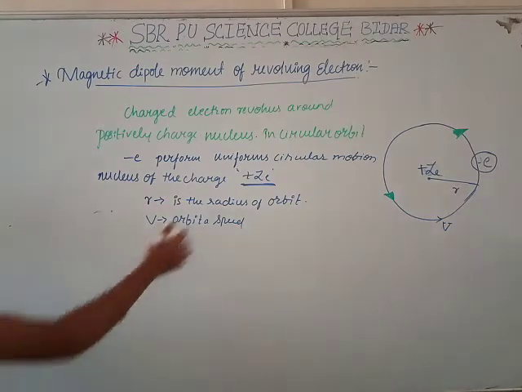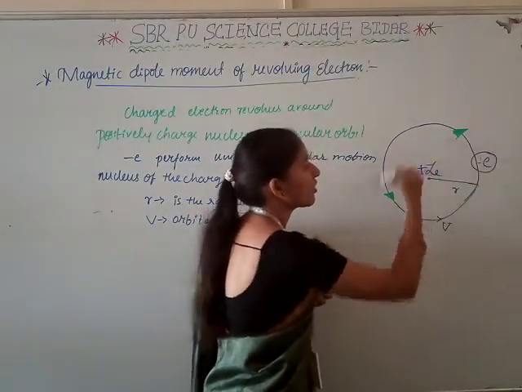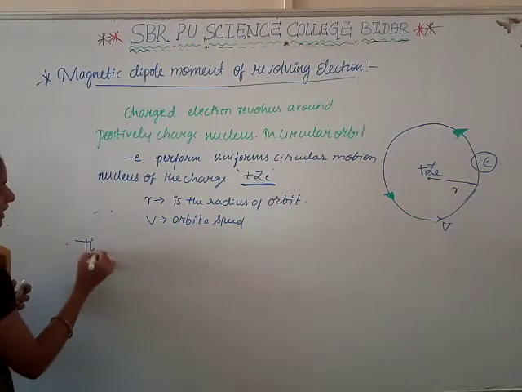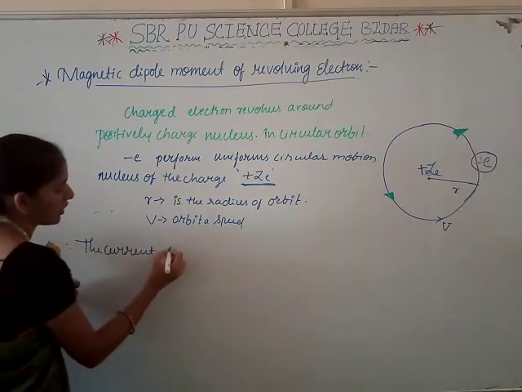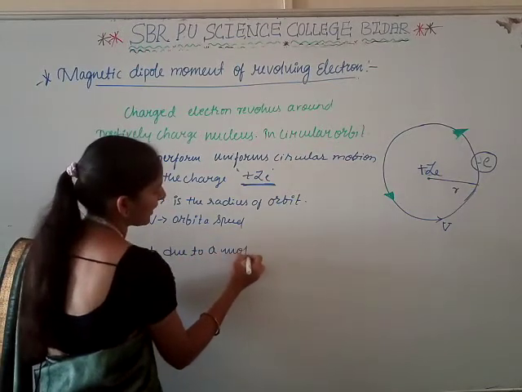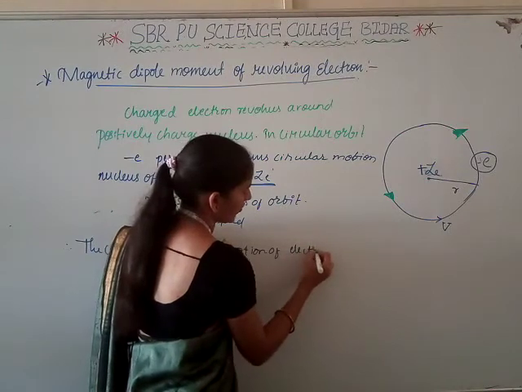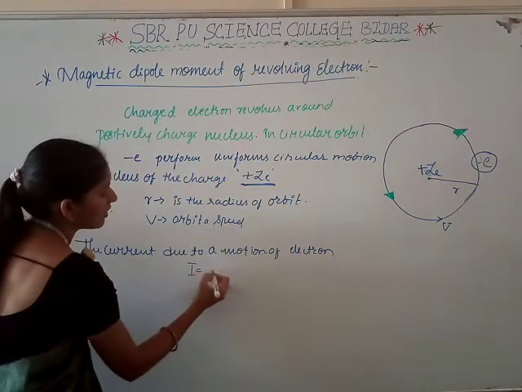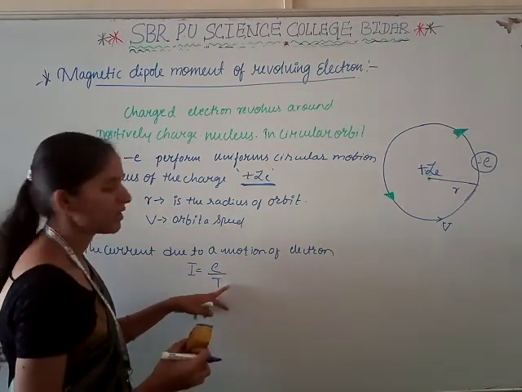Now we have the current due to it. The current due to the motion of an electron can be written as I is equal to E divided by T, where the electron is moving with a time period.